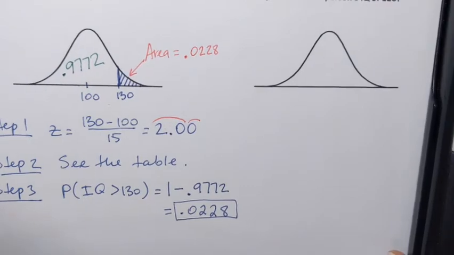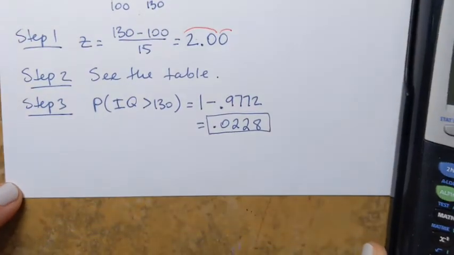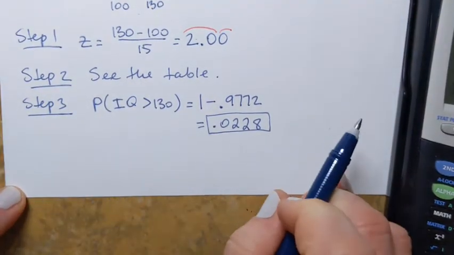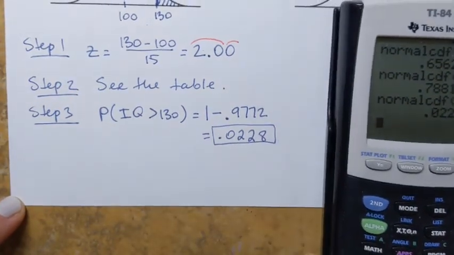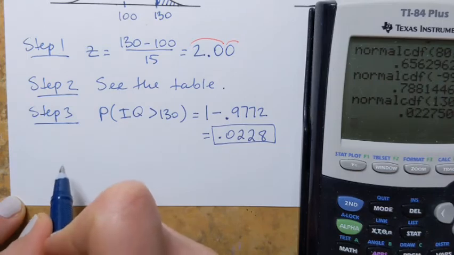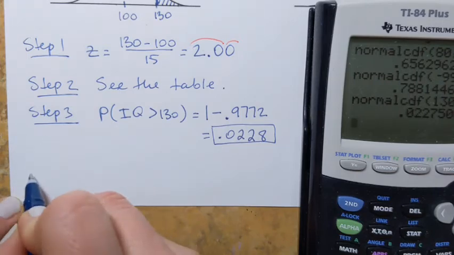So for the record, I will write down the steps. This time I'm going to write them down as if I didn't have that menu and I had a different model of TI calculator. So then I would enter this.